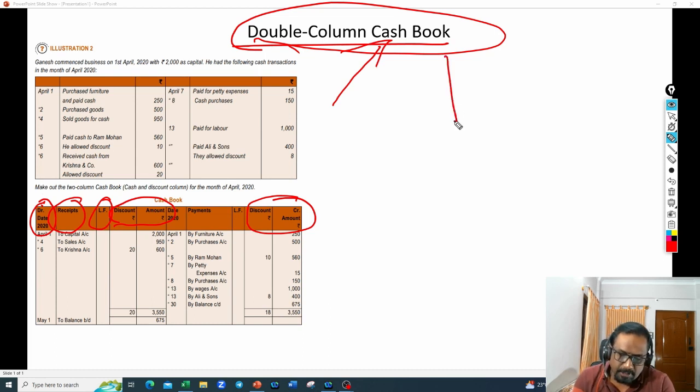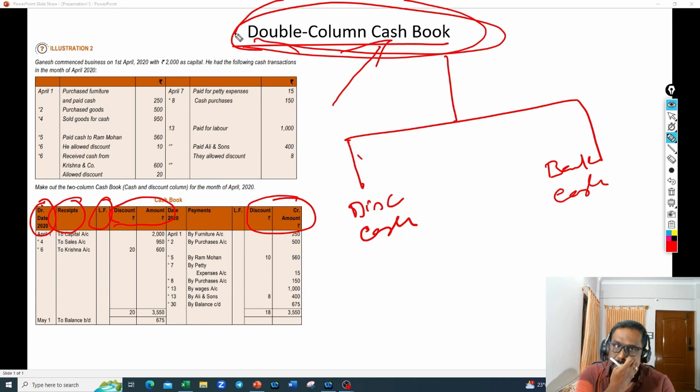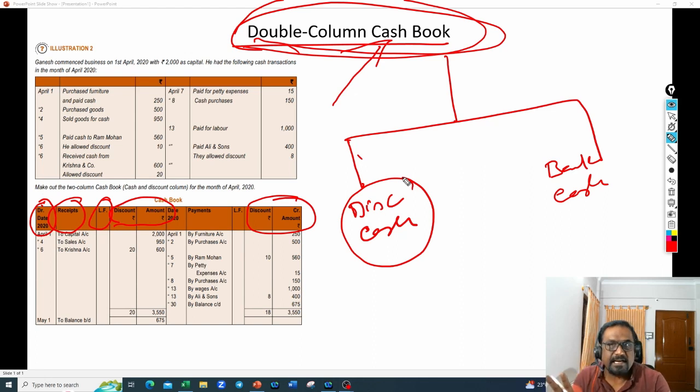Double column cash book has two different categories. One is discount and cash column. The second is bank and cash column. If I keep discount and cash on the debit side and credit side, that will be called a double column cash book.